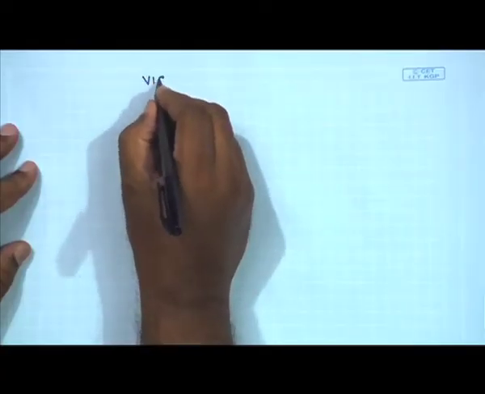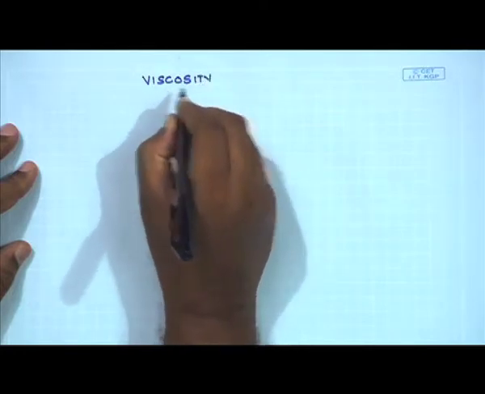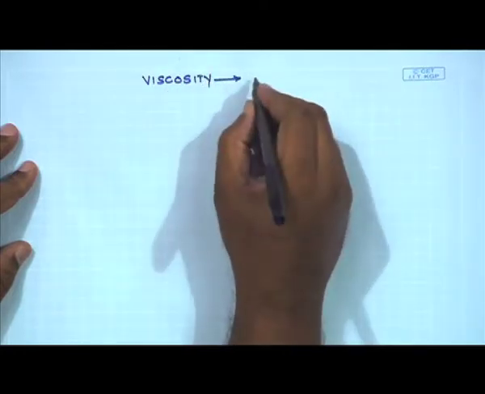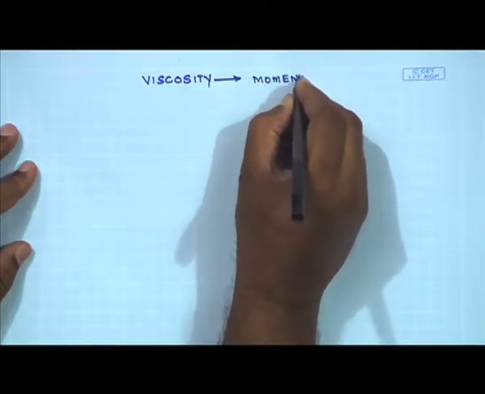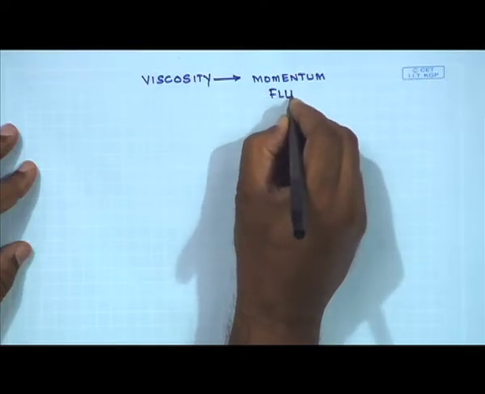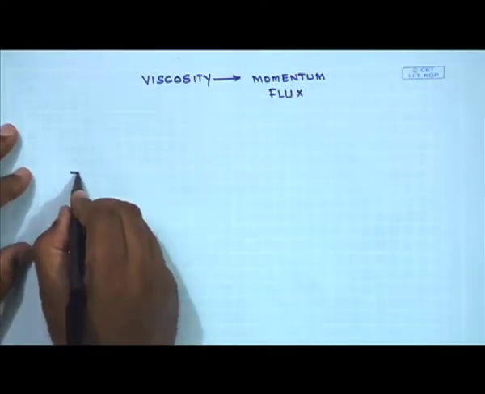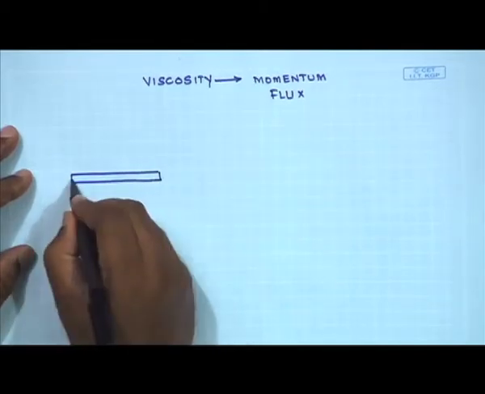So, what is viscosity? We would like to start first with the concept of viscosity, and then this would lead to some idea of what is momentum flux. So, for this I draw a simple system in which there is a solid plate.